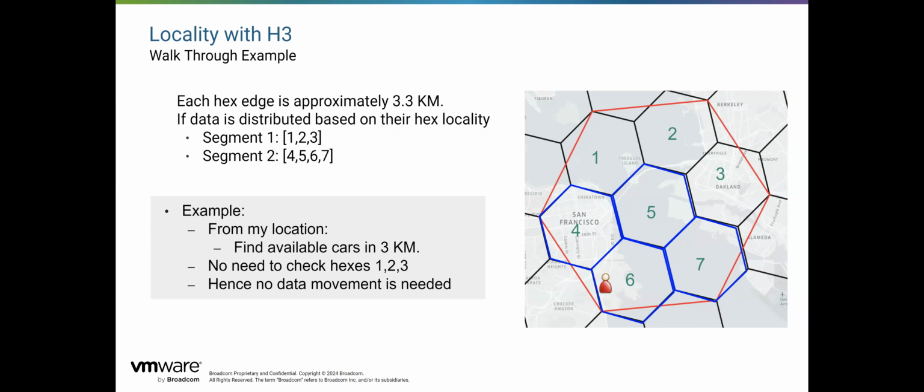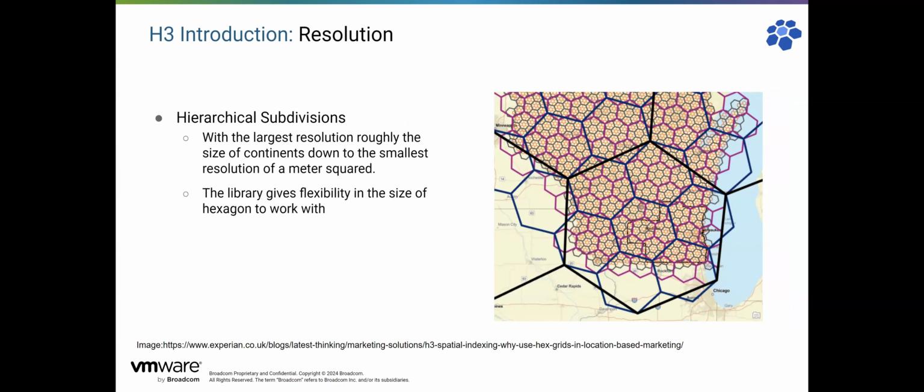And I know each segment is a 3-kilometer radius. All I have to do is to find out and join only in segment 2. Local join. So rather than having 1, 2, 3 also be part of it when they're not going to meet, I can skip them. Next.